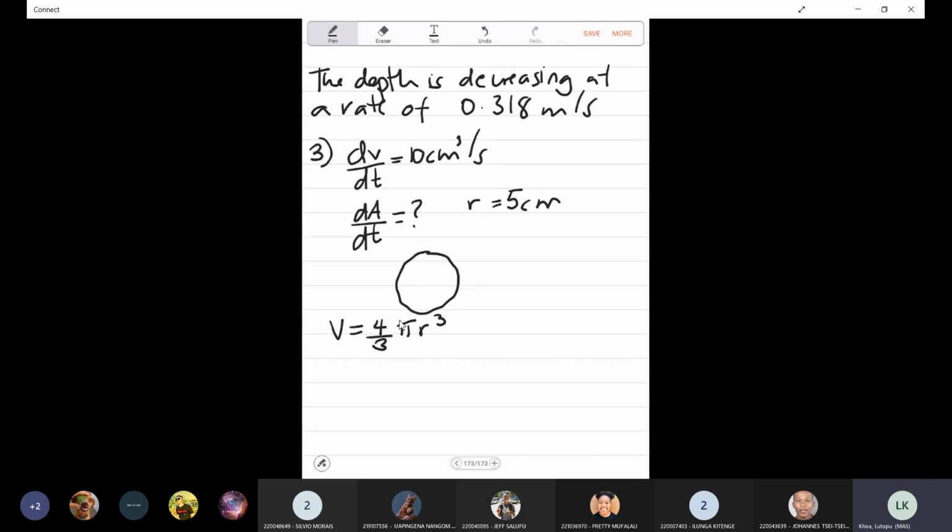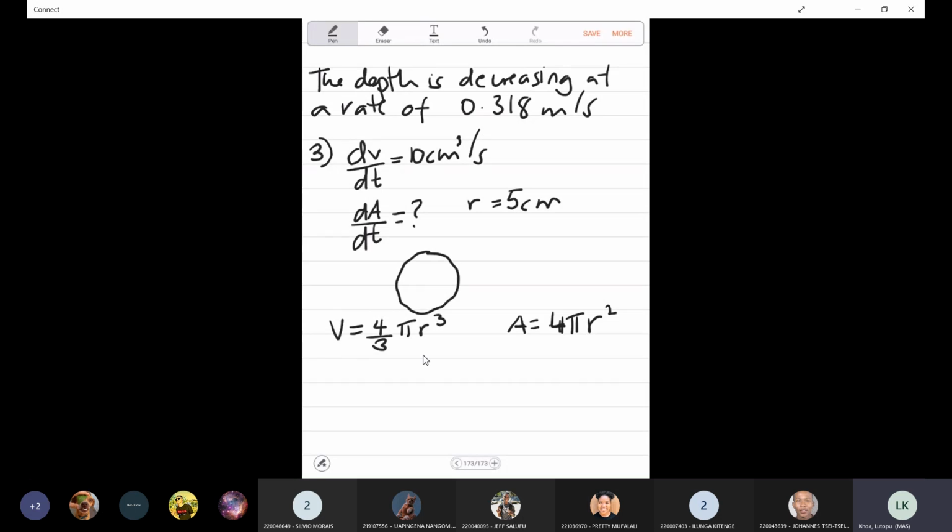Note that the surface area of a sphere is given by 4 pi r squared. This is the one we want to eventually differentiate with respect to t to get dA/dt. But when we differentiate this one, we need dr/dt.